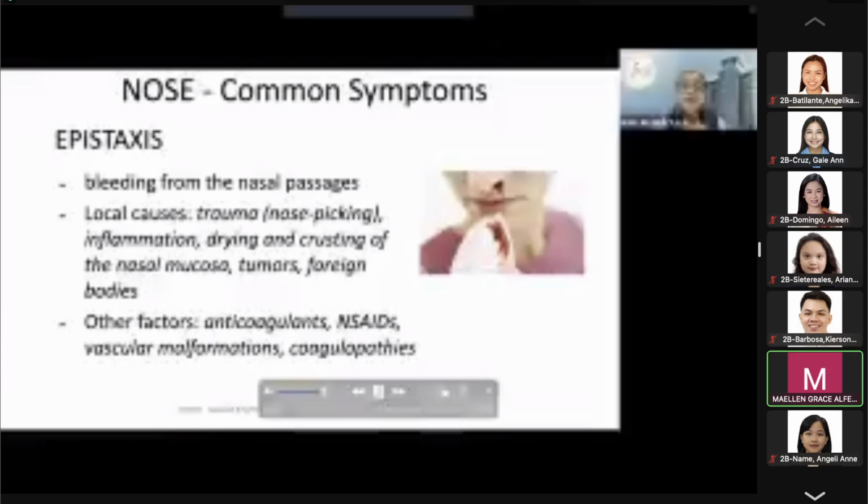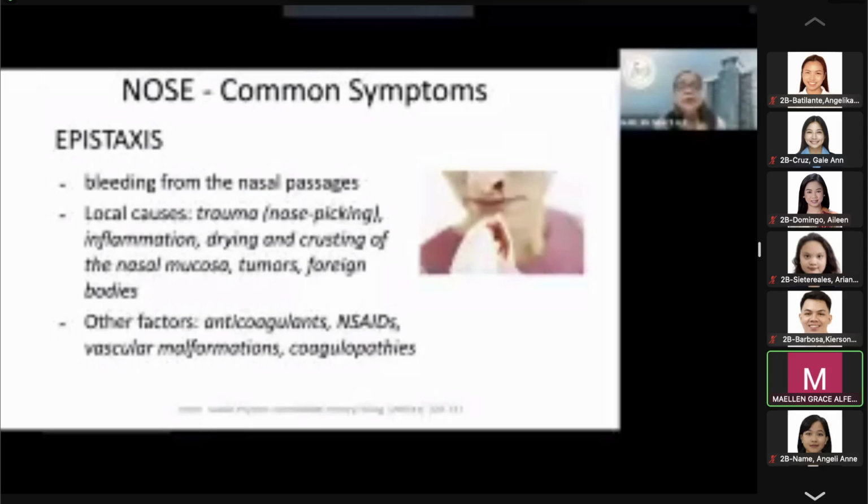It can also occur if there is inflammation, or if there is dry and crusting of the nasal mucosa, as in areas wherein there is a very cold environment. You can also have epistaxis from tumors or presence of foreign bodies.